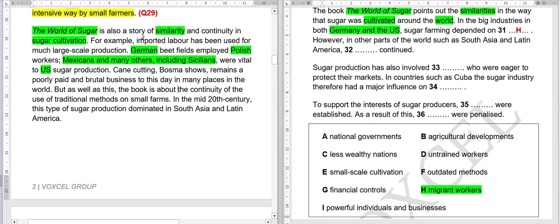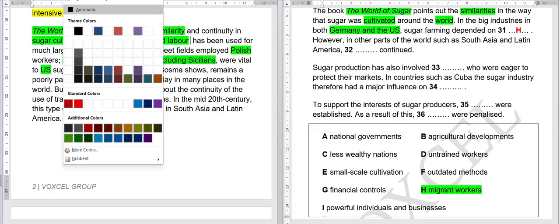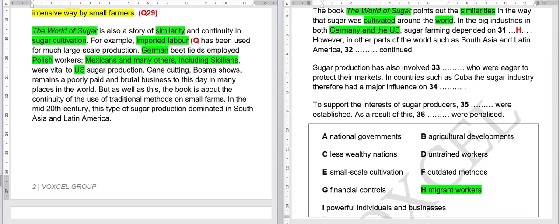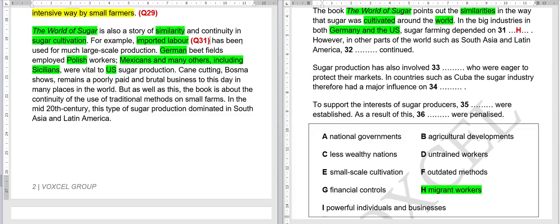This is question 31. I hope it is clear why we arrived at migrant workers as our answer.